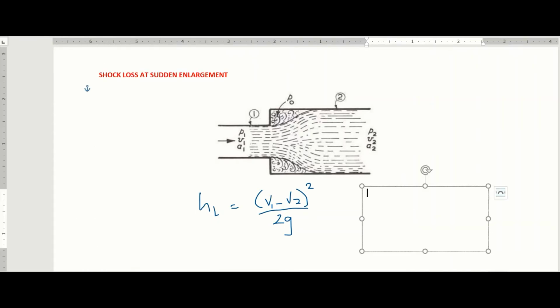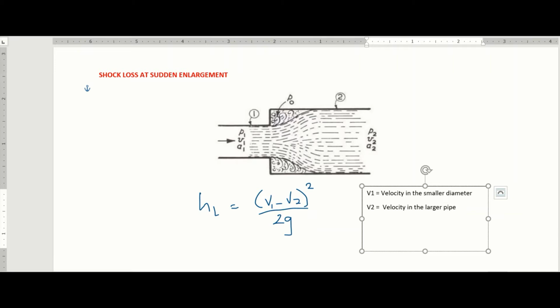Our V1 is the velocity in the smaller diameter, as you can see on the screen. V2 is the velocity in the larger pipe. All right, so with this we can solve questions that relate to sudden loss at sudden enlargement.